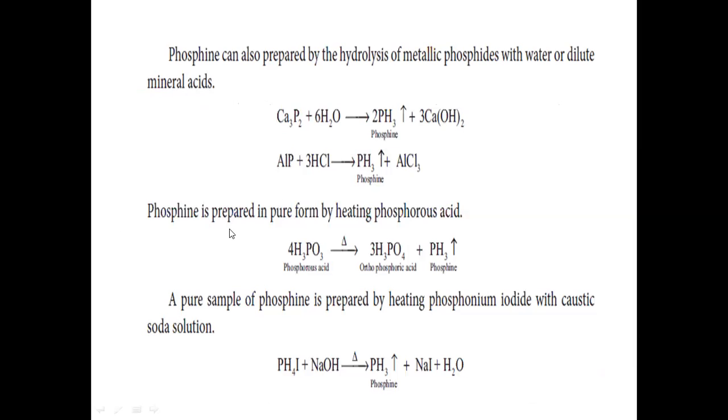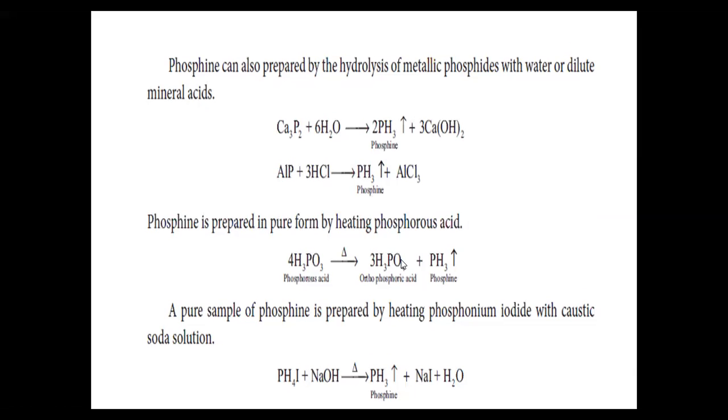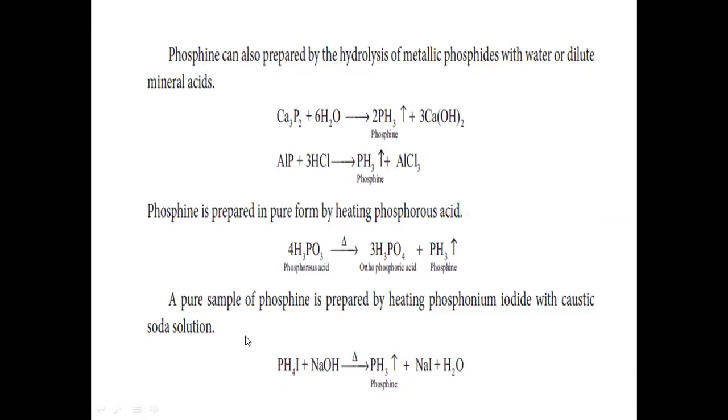Phosphine is prepared in pure form by heating phosphorus acid, which gives orthophosphoric acid and phosphine. A pure sample of phosphine is also prepared by heating phosphonium iodide with caustic soda, either potassium hydroxide or sodium hydroxide.